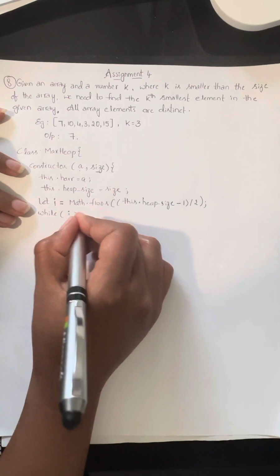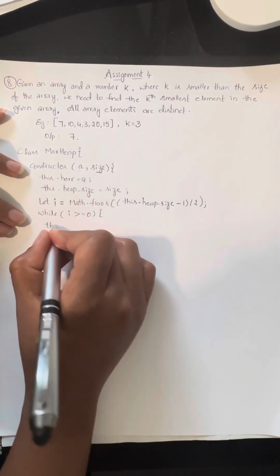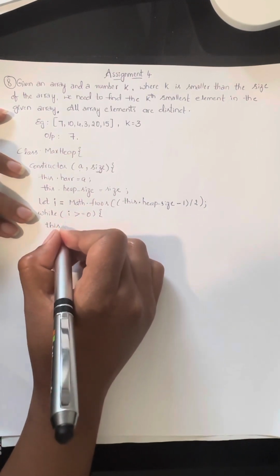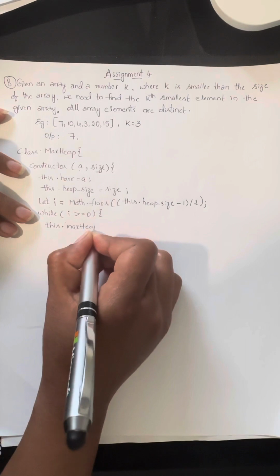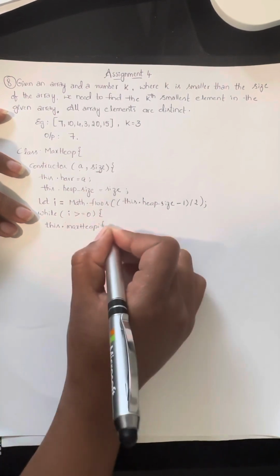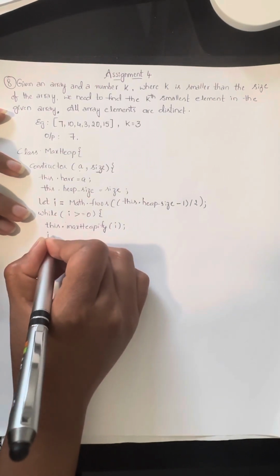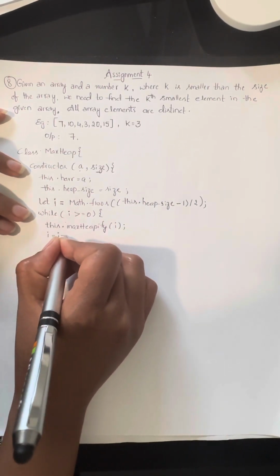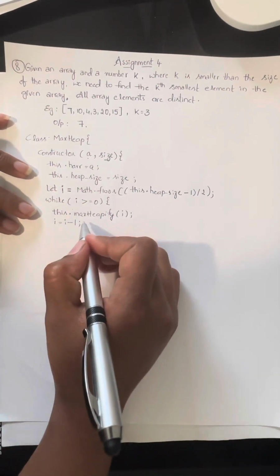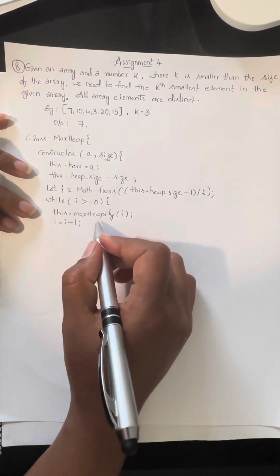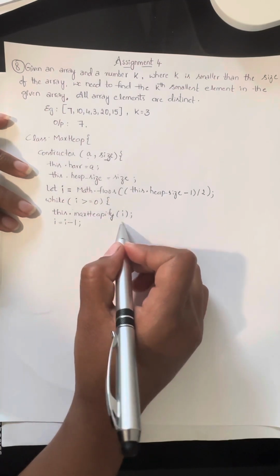While I is greater than or equal to 0, this.maxHeapify of I. I'm using this while loop in order to sort the array using the max heapify function, which we are going to write in some time.